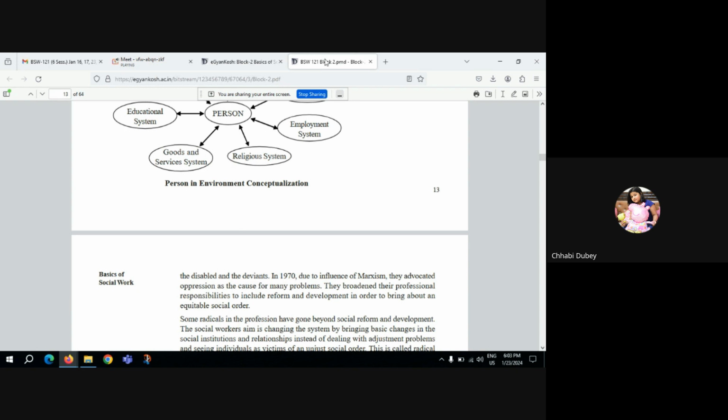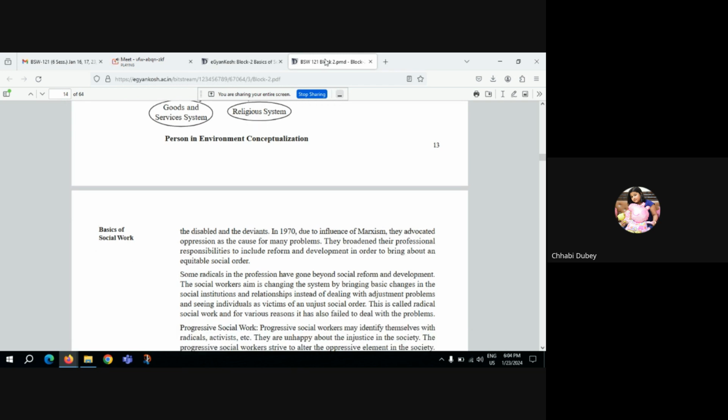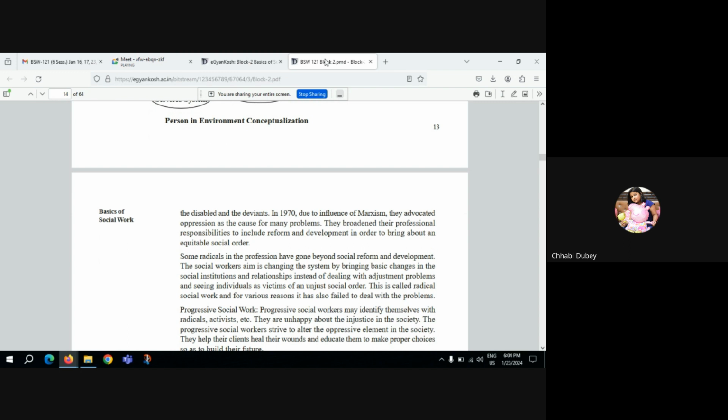So this is going beyond any kind of social reforms and development, and changing the system by bringing about basic changes in the social institutions and the relationships. And this is known as radical social work. But for various reasons, this has failed to deal with the problems per se.